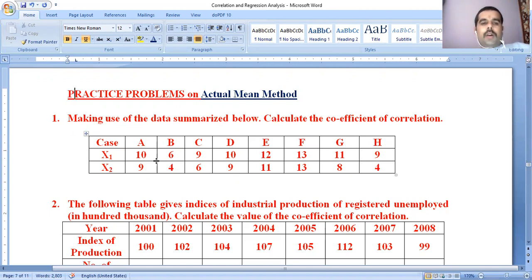Generally, by observing this problem, there will be confusion in our mindset. To overcome this confusion, just find the averages of x1 and x2. If the average values are not fractions, then this problem belongs to the actual mean method. Then the procedure we followed in yesterday's class, you have to apply for this problem also.